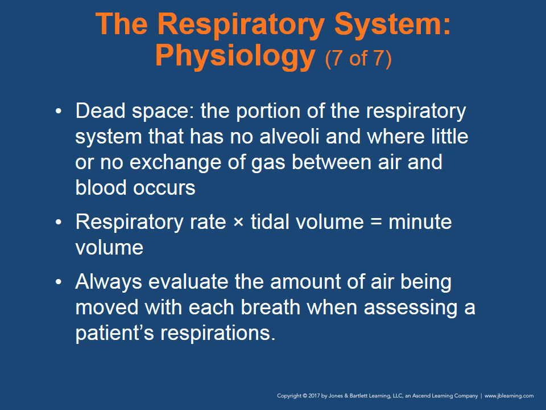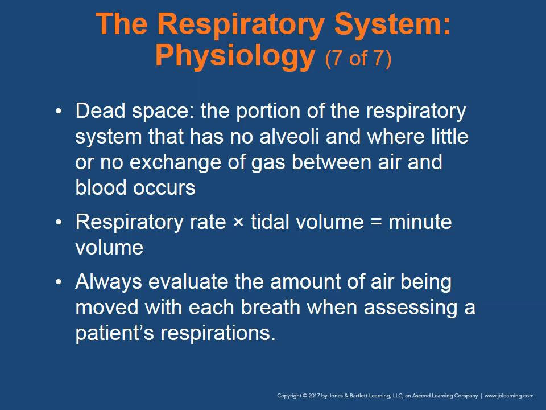So now let's get back to the tidal volume, how much air they're getting in a single breath, in order to calculate the minute volume. If we take the respiratory rate, how much the patient's breathing in a minute, and multiply that by the tidal volume, how much they're breathing with each breath, how much volume they're moving, then we get their minute volume, and we can determine how much volume they're getting over an entire minute.